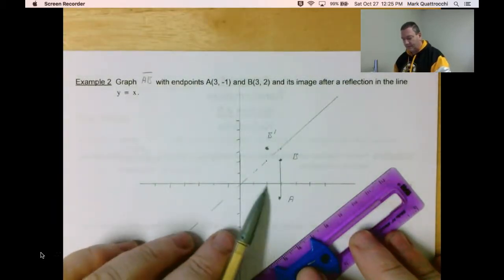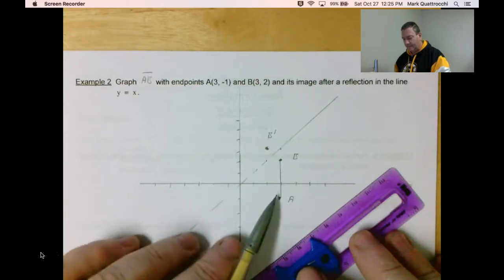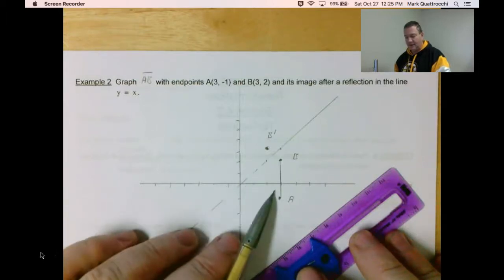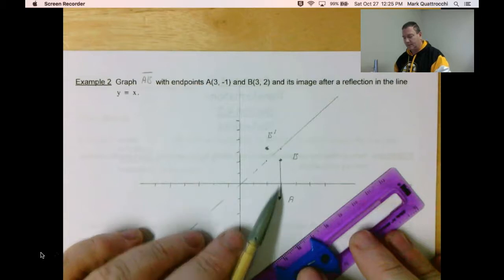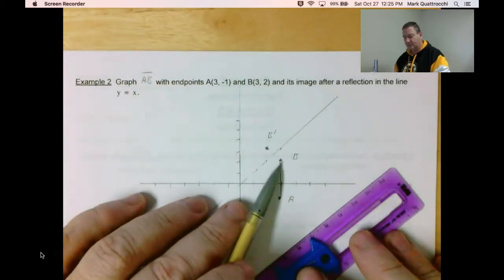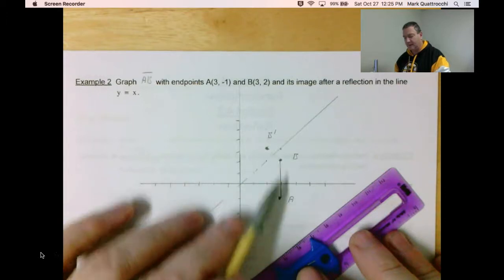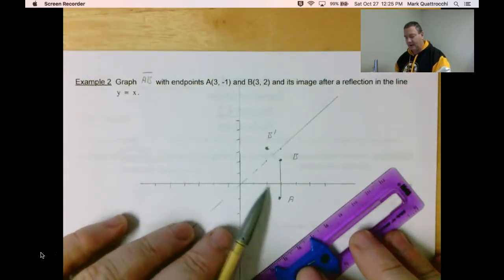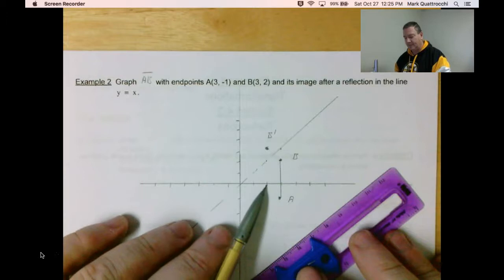A prime is going to reflect. You could do it algebraically, but we're not going to. The slope of this line is 1, so the slope of B prime must be -1. The slope of A prime must be -1.